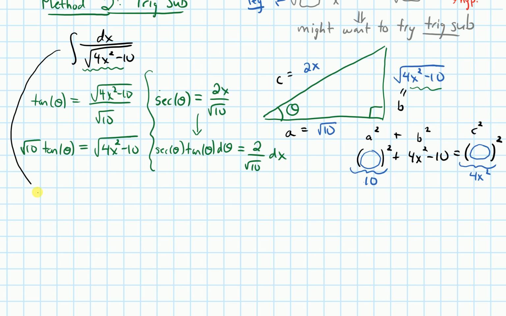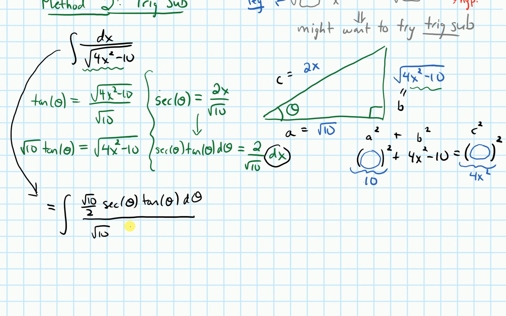Okay, so now let us go ahead and substitute this stuff into our integral. So if we do that, we end up getting the integral. So what's dx going to be? Well, if we move this 2 over square root of 10 to the other side, we'd get root 10 over 2 secant theta, tangent theta, d theta in the numerator. On the denominator, we have that square root, which we now know is square root of 10 times tangent theta.